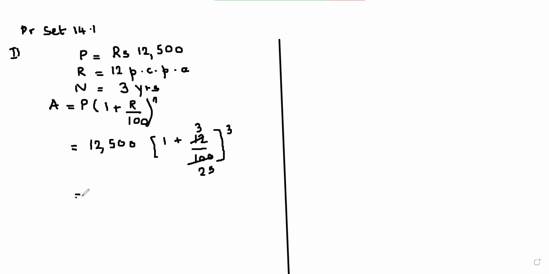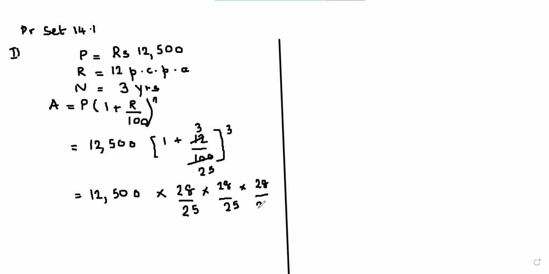So this is equal to 12,500 into, this will be 25 plus 3, okay, 28 upon 25 multiplied 3 times. So into 28 upon 25 into 28 upon 25.